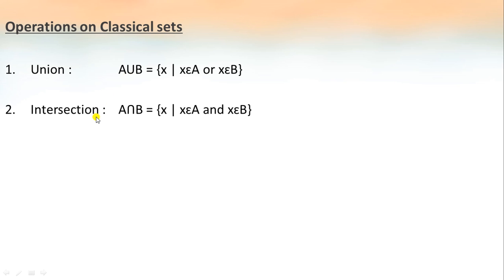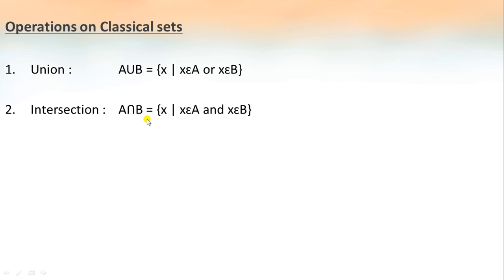Now let us discuss the operations on classical sets. First one is A union B. We have two sets A and B with a certain number of elements, and the operation union gives a set which contains elements that belong to A as well as to B. Next operation is intersection.